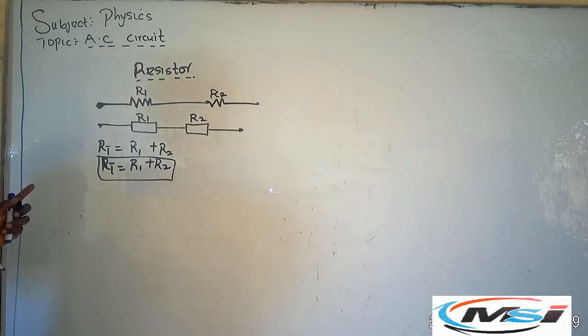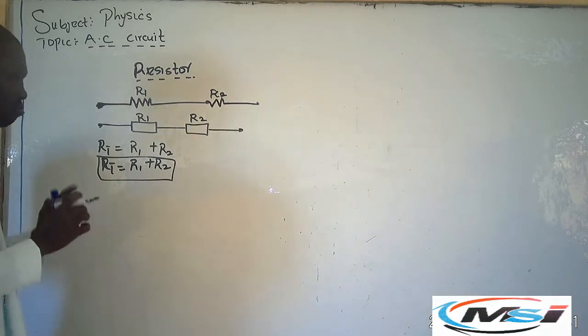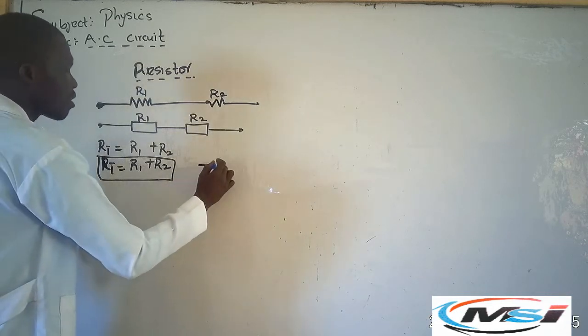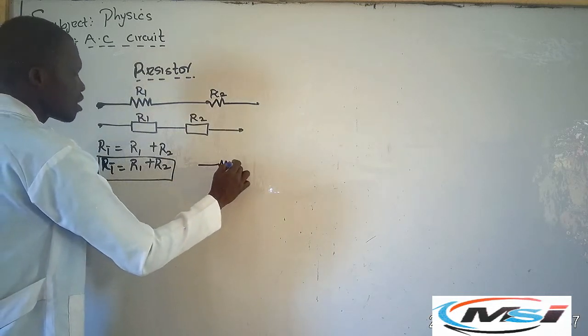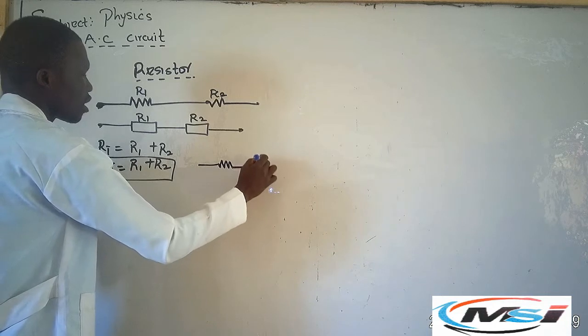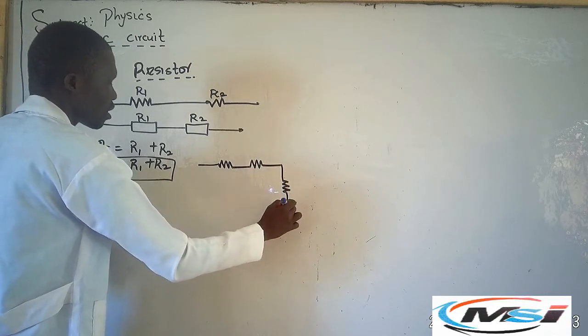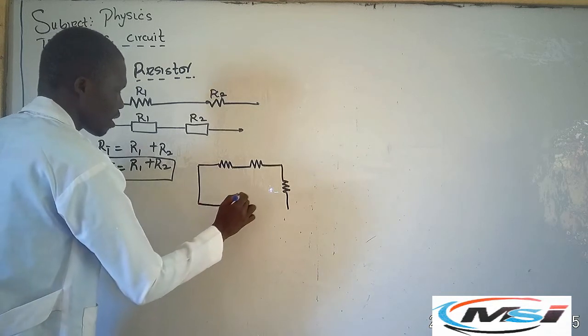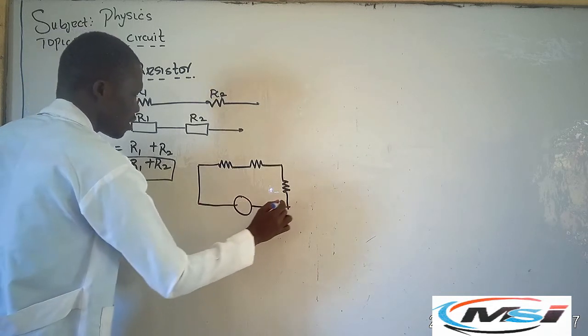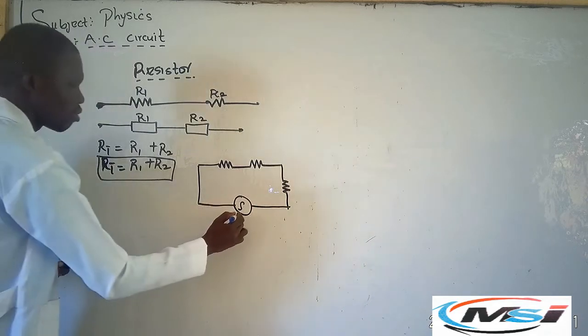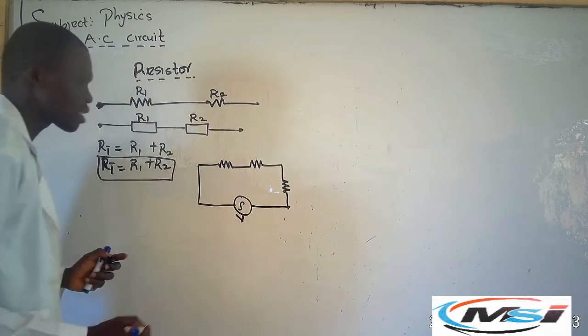Now I want to show you another thing. Take a look at this. If you have a resistor like this, okay, then you have an alternating current flow through it, which is called voltage.